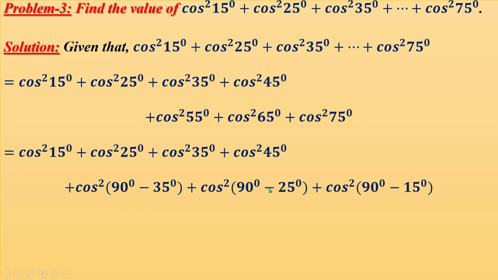Similarly, 65° means 90° minus 25°, and 75° means 90° minus 15°, just calculation.